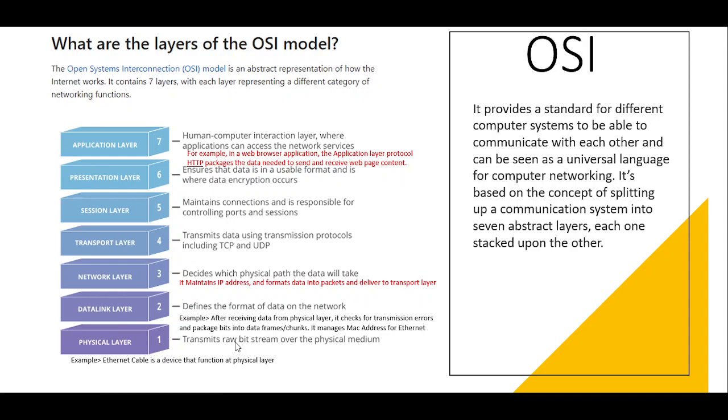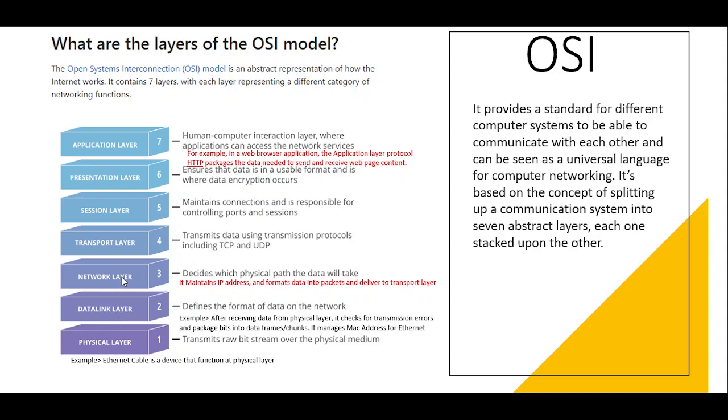It converts these raw bit streams into chunks, or I'll say frames, and it also manages the MAC address for Ethernet. This data link layer is also responsible for handling errors, such as any transmission error, or any frames received not in sequence.